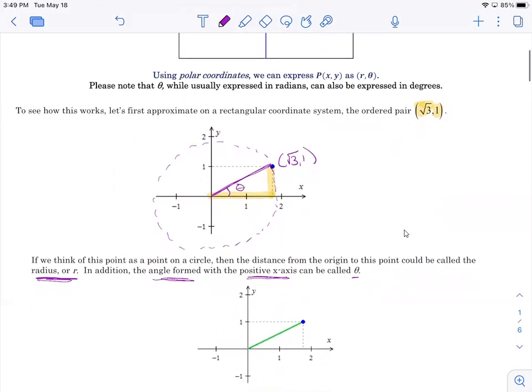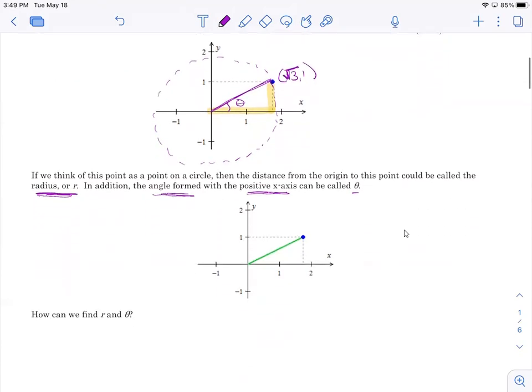The new thing is that polar coordinates use an R and a theta to represent its location versus a horizontal and vertical movement. We will see why this can be beneficial for calculus as we go on in the notes, but right now I'm just giving you the definition.